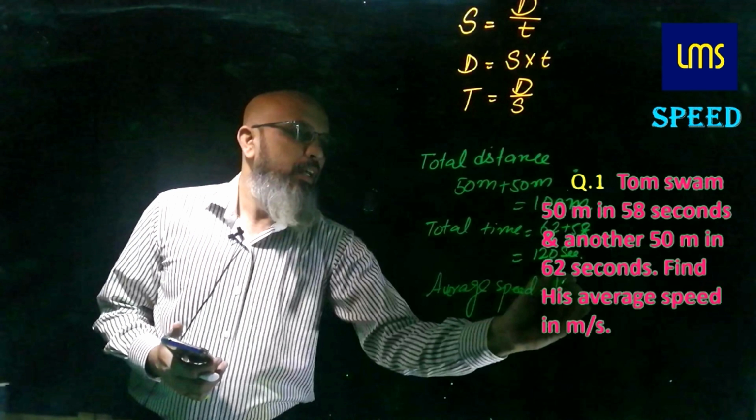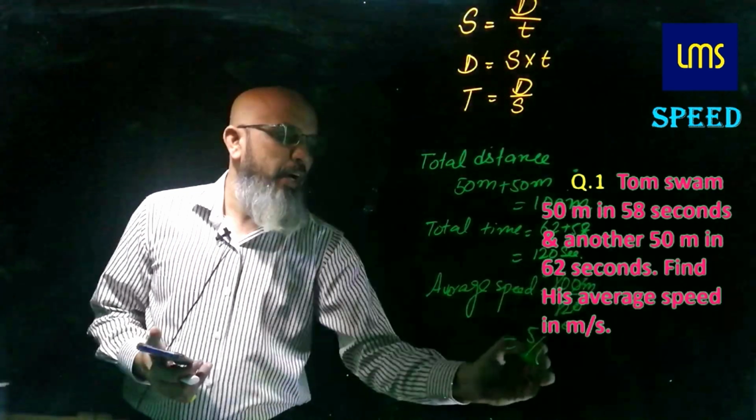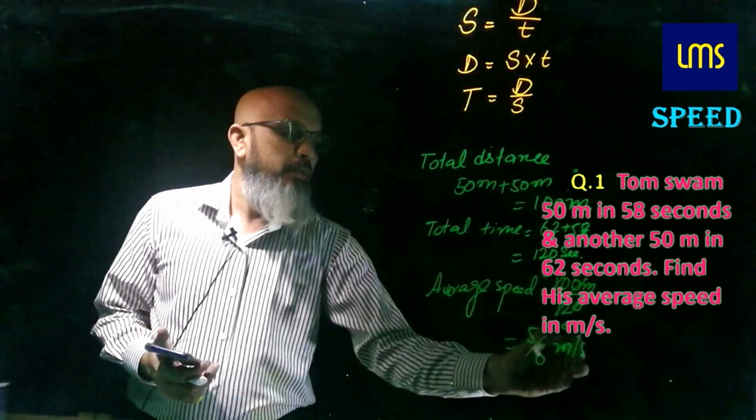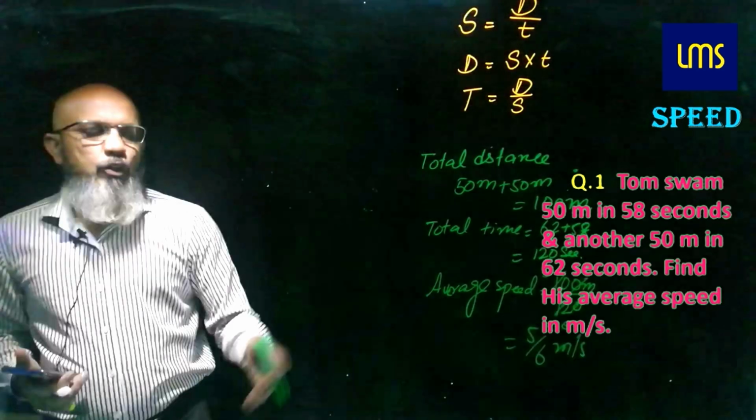So your answer is 5/6 meter per second. You can divide it and your answer will be in decimal form. It is a recurring decimal. We will get 0.8333, I think, as the answer. You can leave the answer in fraction form as well, right?